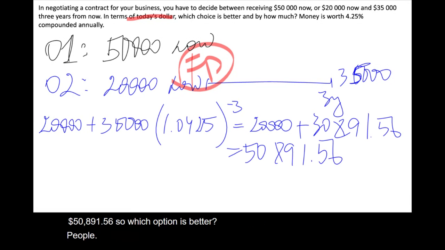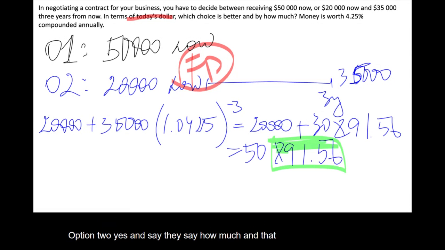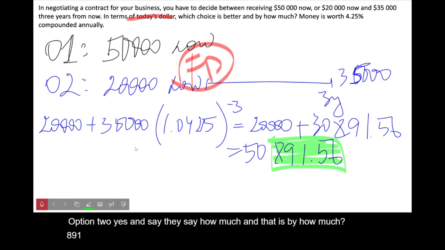So which option is better? Option 1 or option 2? Option 2, yes. And they ask by how much: $891.56.